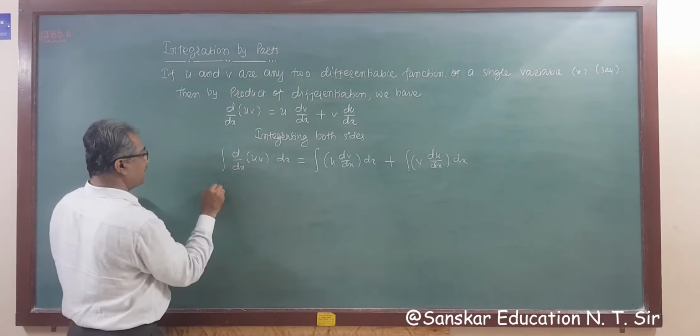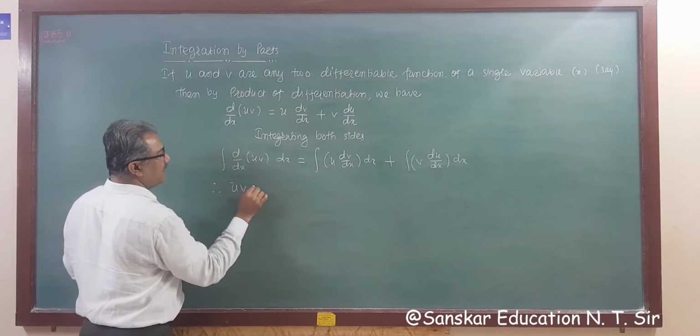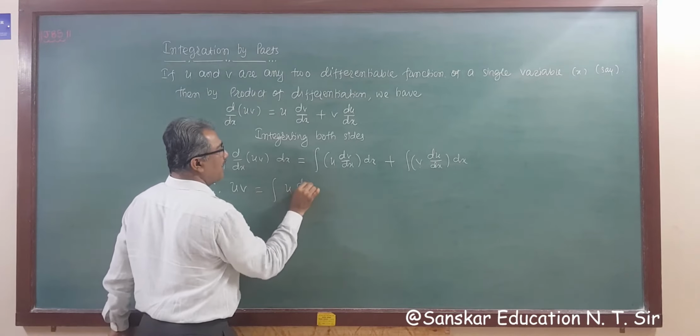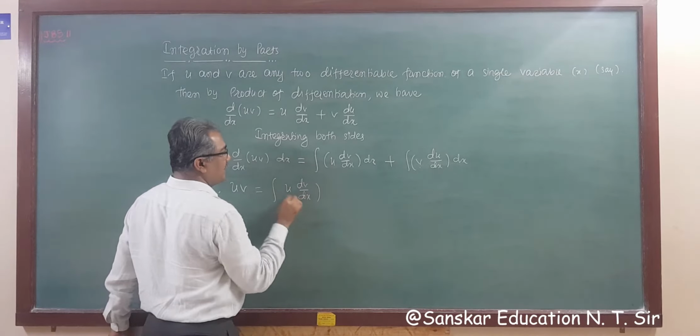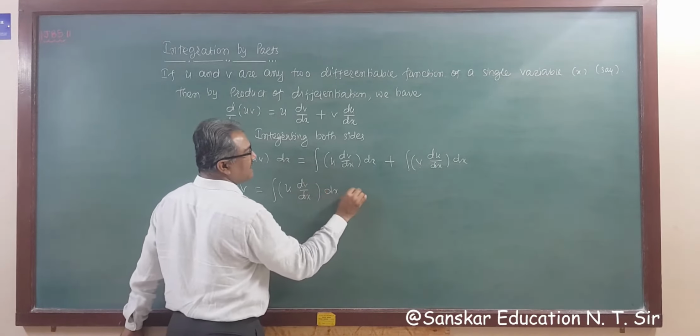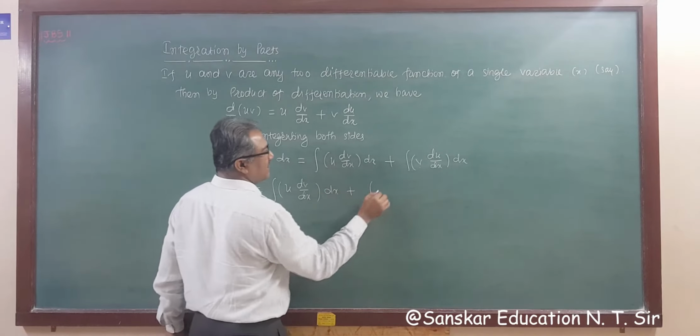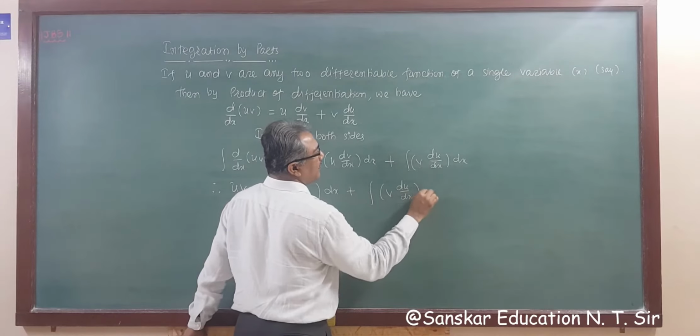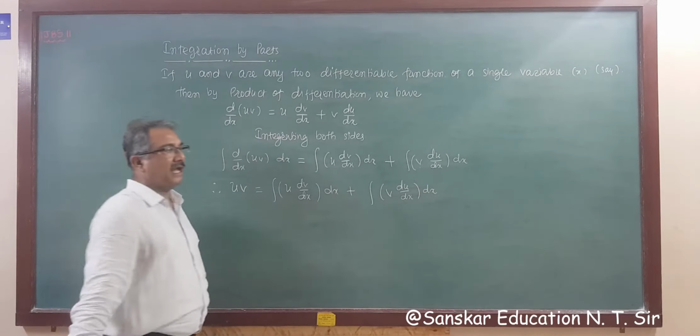So we get uv is equal to integration of u dv/dx dx plus integration of v du/dx dx.